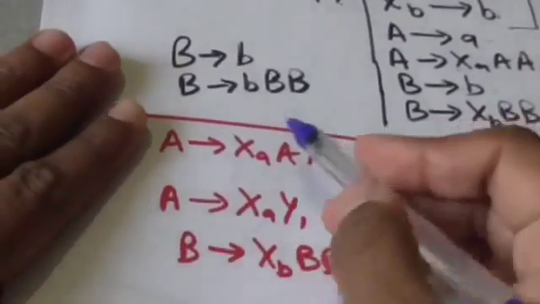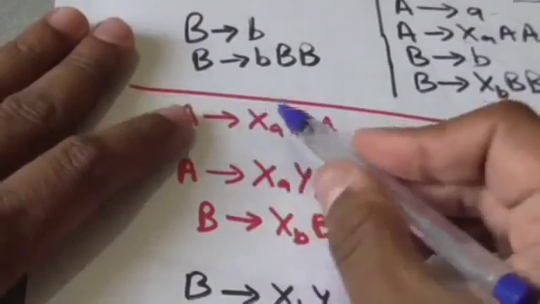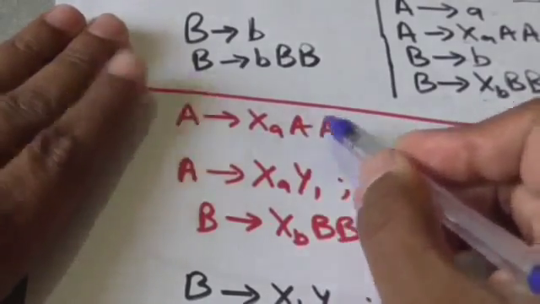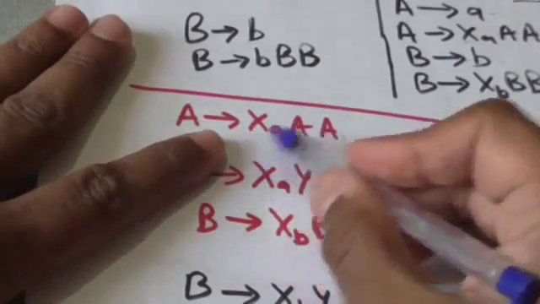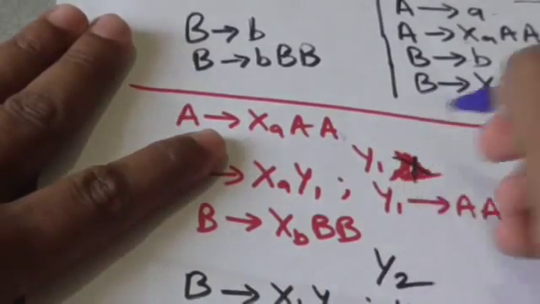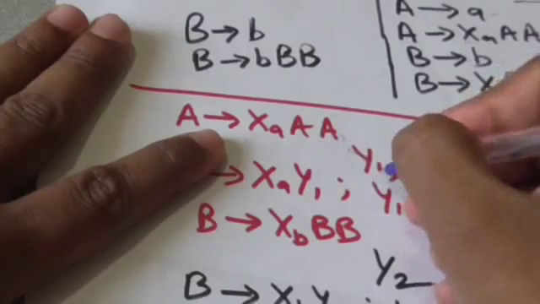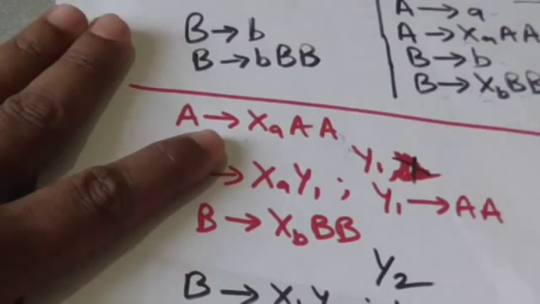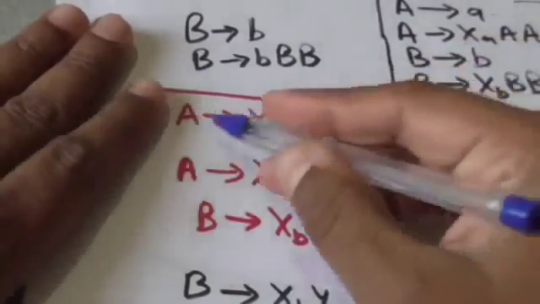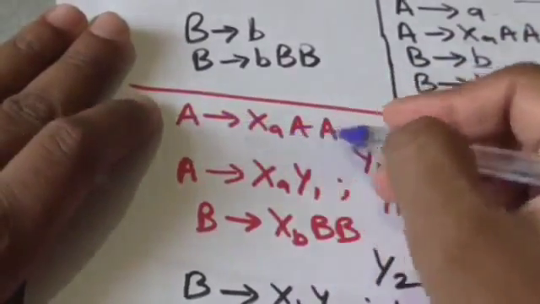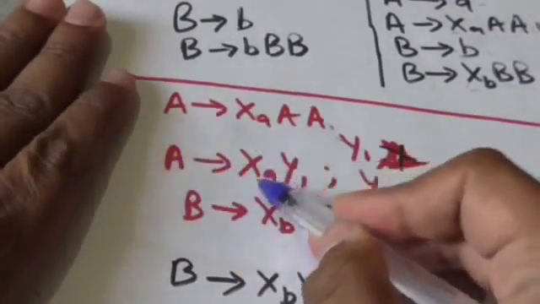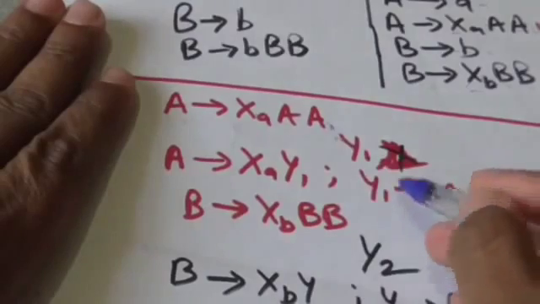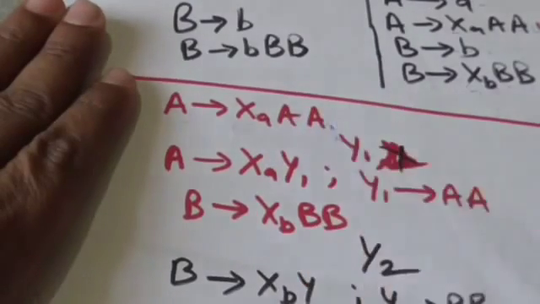Now see this production. A derives XAAA. Right hand side of this production is a string of 3 variables. So we will add a new variable y1 to set V of grammar G. And this production will be replaced by these two productions: A derives XA y1 and y1 derives AA.